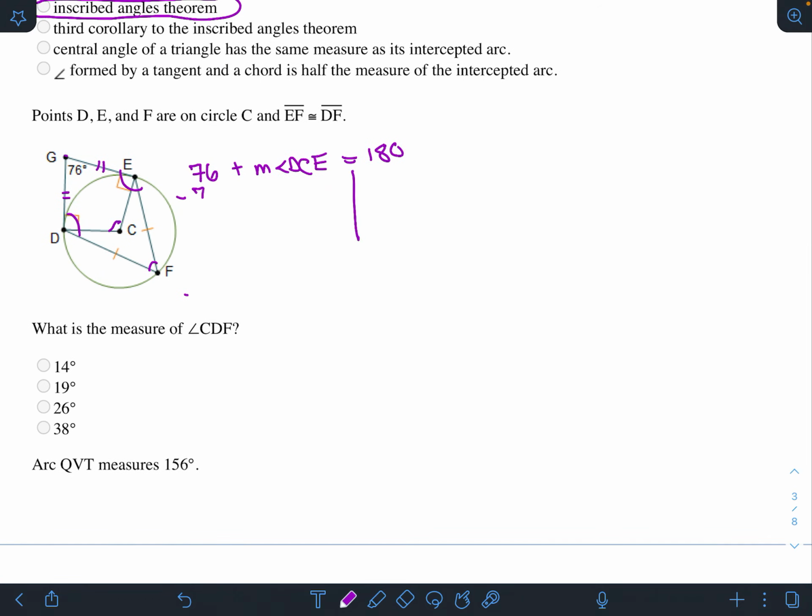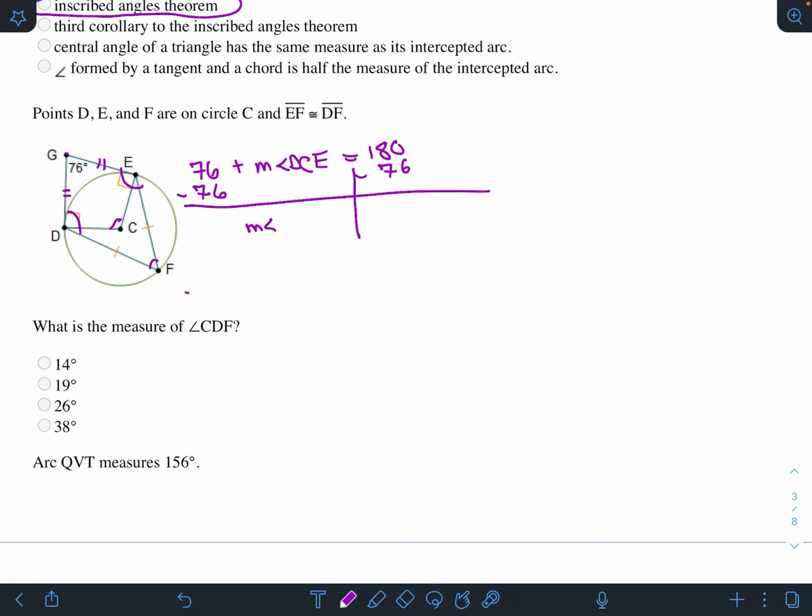Subtracting 76 on both sides, I get that the measure of angle DCE is 104 degrees. Okay, so here I have 104 degrees. Now, you'll notice that this is a central angle. C is the center of the circle. And since it is a central angle, that means its intercepted arc, DE, is also going to be 104 degrees in measure.